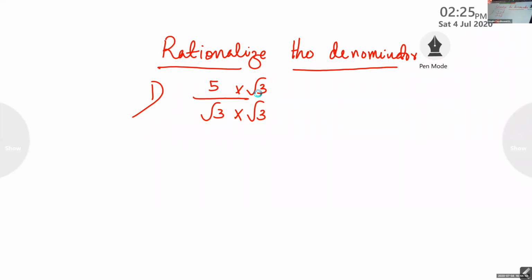Is it clear to you? So for removing root 3, you multiply the denominator by the same root 3, and the same multiplication you should do in the numerator also. So the answer is, our question was 5 by root 3.